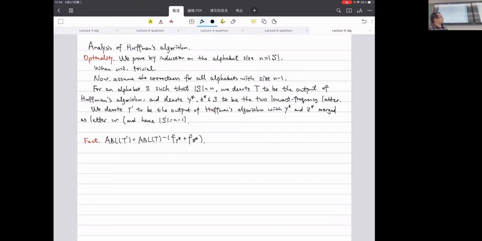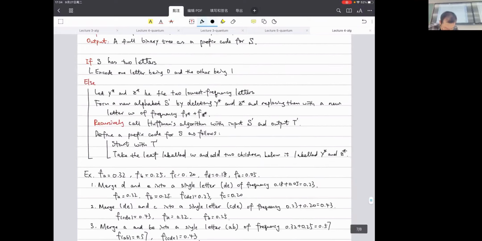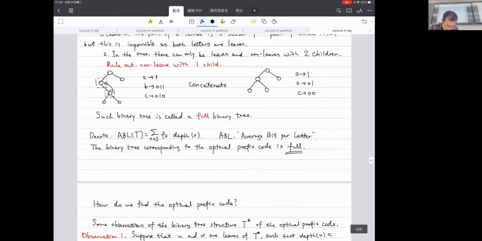Intuitively, it's because in T, Y star and Z star are one step further compared to W in T prime. This is just the intuition. Recall the definition of the ABL; we have been talking about this too long, so let's just copy it here.